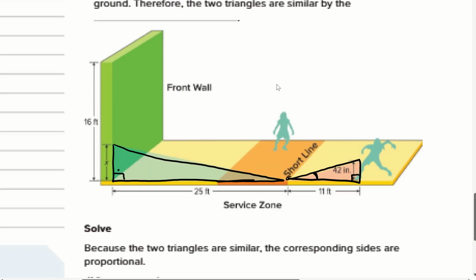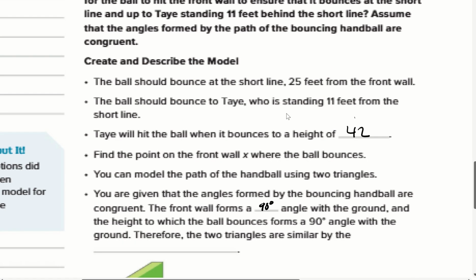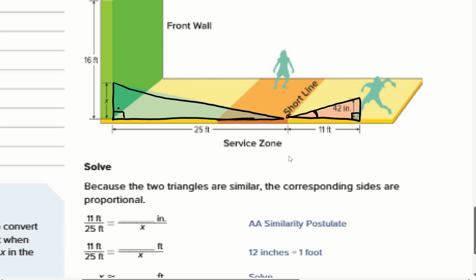So in the original problem, it says assume that the angles formed by the path of the bouncing handball are congruent, right? And so they're saying that these two angles are congruent. So we got A, and then we got A for the second angle. So these two triangles must be similar by AA, right? That's what we're looking at.